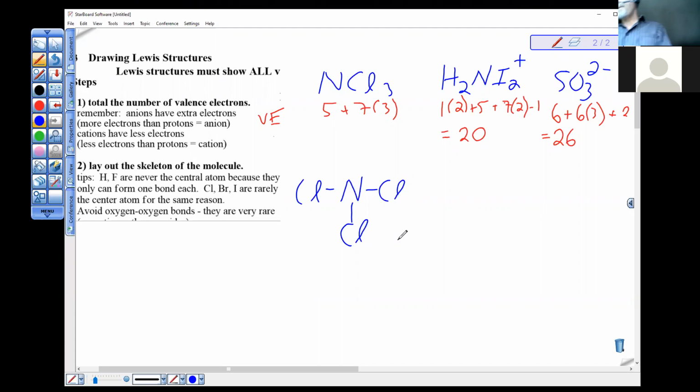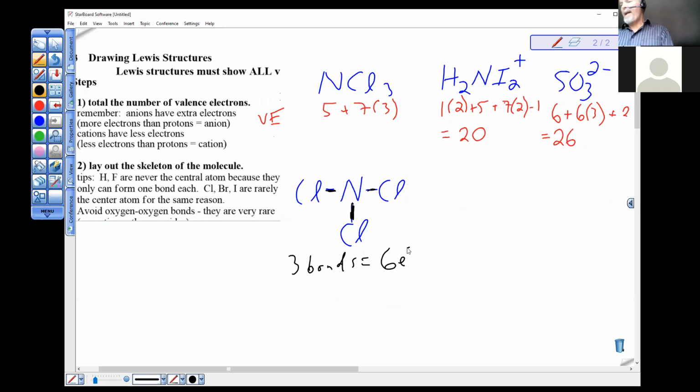And how many bonds did we make? Made 1, 2, 3. How many electrons are in 3 bonds? A bond is a sharing of a pair of electrons.